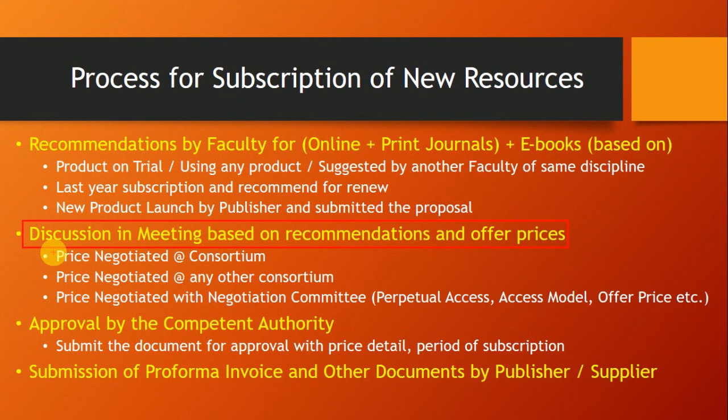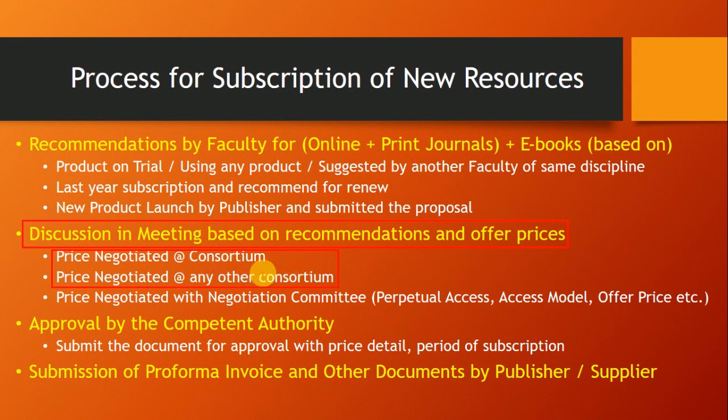If the library or the institute is a member of any consortia where the price has been negotiated, in that case the library committee will look for the negotiated price by the consortium.